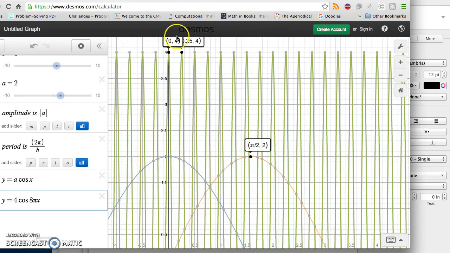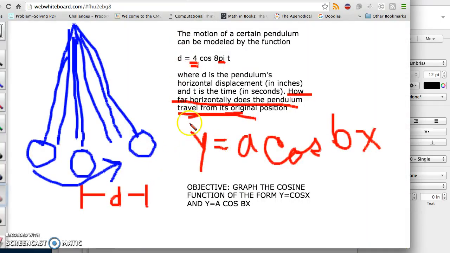Well, remember period is 2 pi over b. B is, in this case, 8 pi. So 2 pi over 8 pi. The pi's cancel out. 2 over 8, 0.25. That makes sense. So, wow, what a short period, right? Every 0.25 seconds, the thing does a full cycle, goes boom, boom, boom.